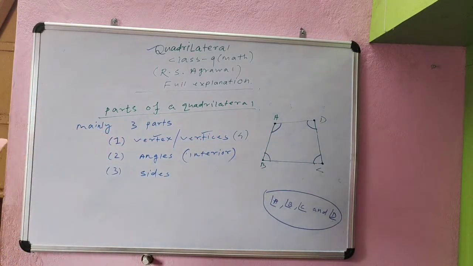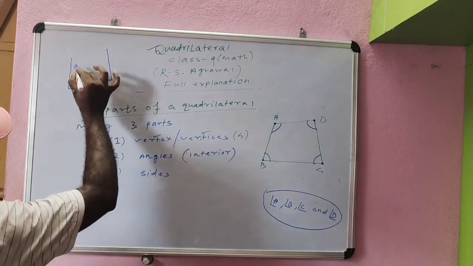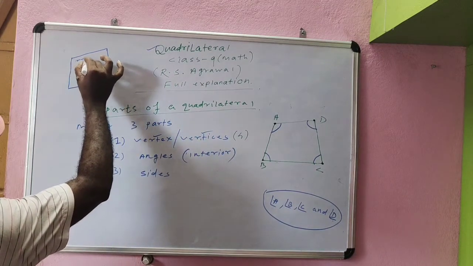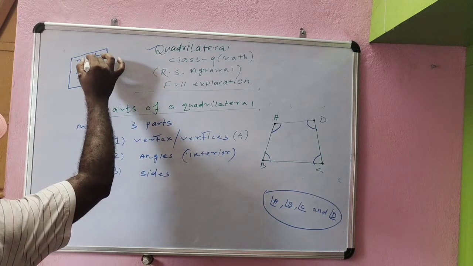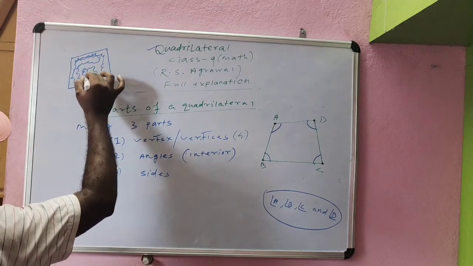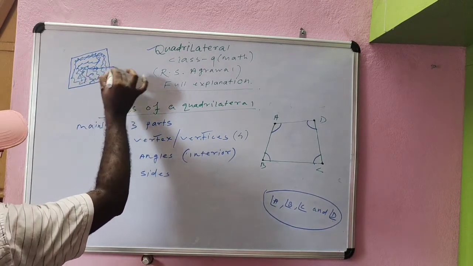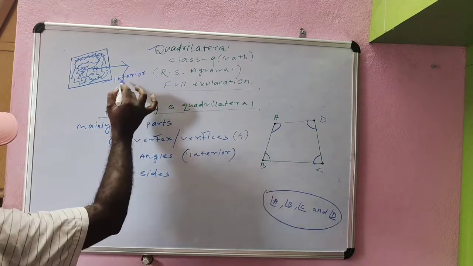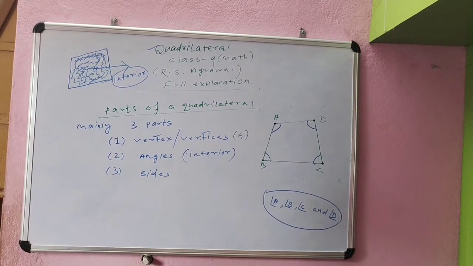What do you mean by the interior of a quadrilateral? The region or area inside the quadrilateral is called the interior. Interior is actually an area or a region inside a quadrilateral.